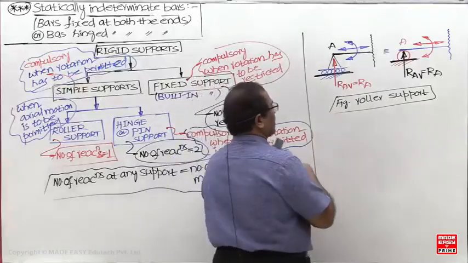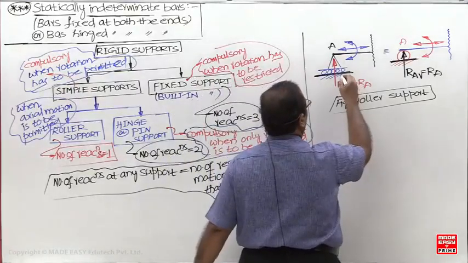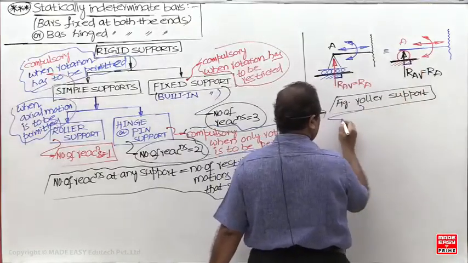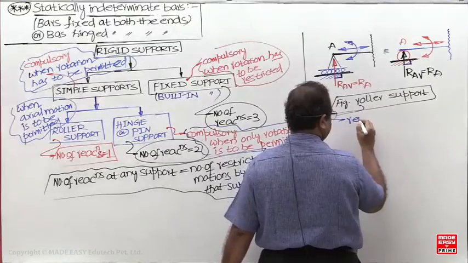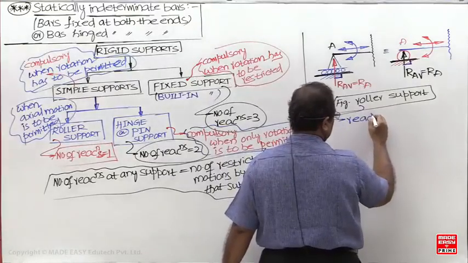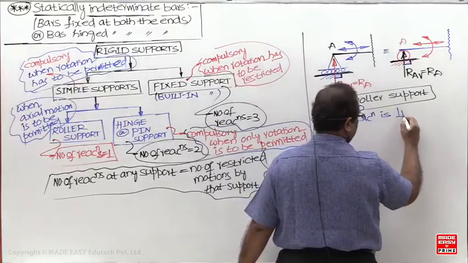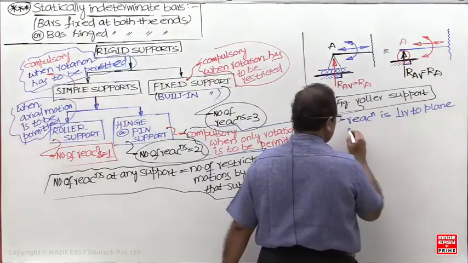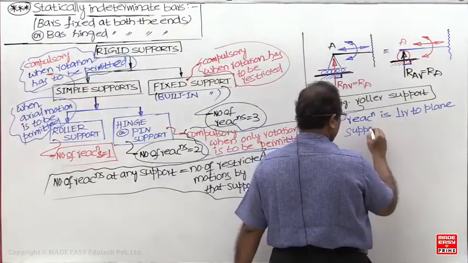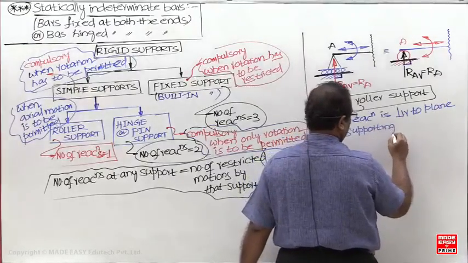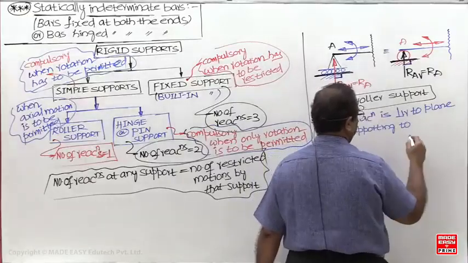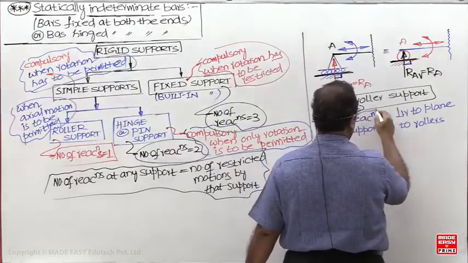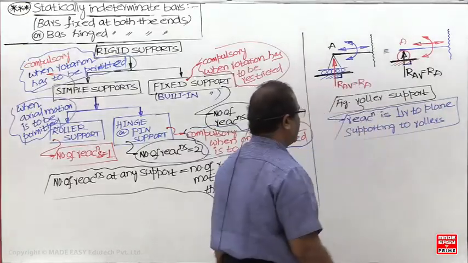Both are perpendicular. Means roller support reaction is perpendicular to the plane supporting the rollers.